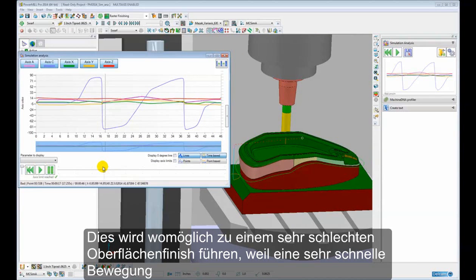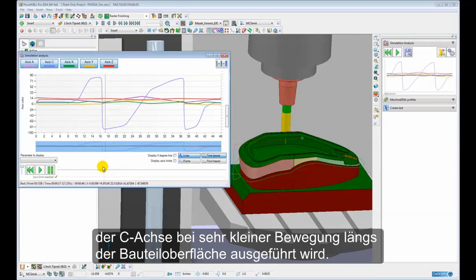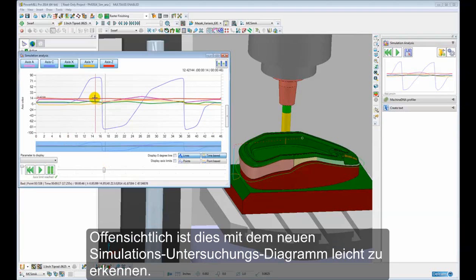So this is potentially going to lead to a very bad surface finish in this part, because we have a very rapid movement of the C-axis but a very small movement along the part surface. So this is obviously easily identifiable using this new simulation analysis graph.